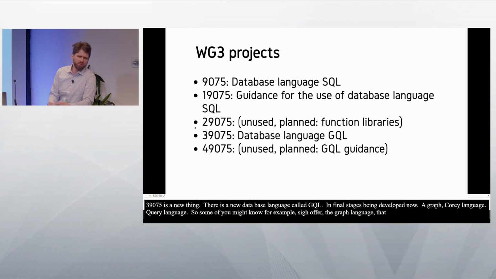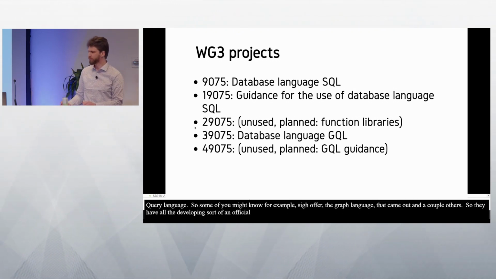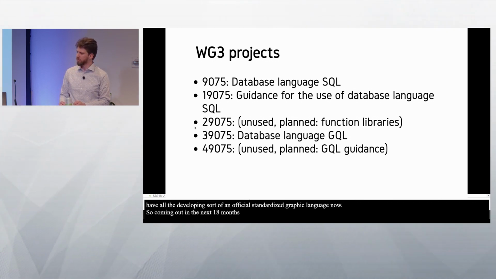And there's a couple others. And so they've all gotten together and are developing an official standardized graph query language now. And so that will probably come out sometime in the next 18 months, I think, is the schedule. So you might see that in the news at some point.